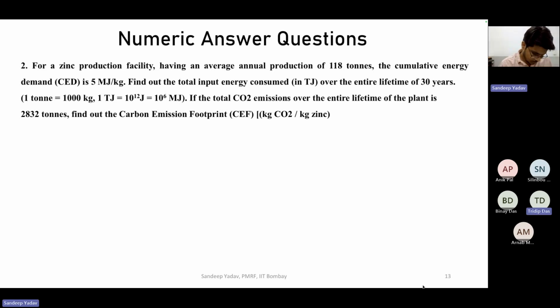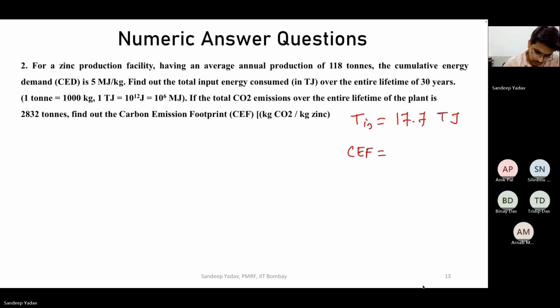Just a minute. 17.7 terajoule. Yes, it's a correct answer. So the total is 17.7 tera. Second thing is 0.8. Correct. Very good. So both the answers you have are correct.